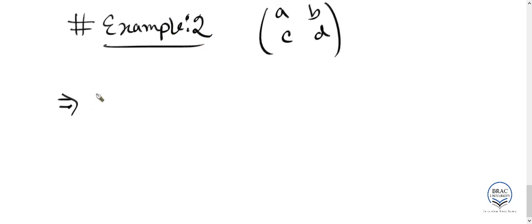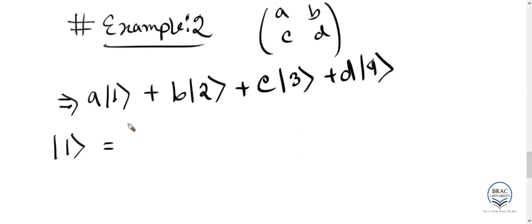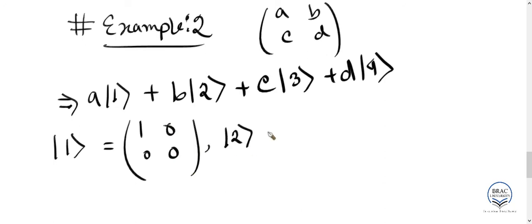Again, we can decompose this into the following way, and here this ket 1 is denoted by 1 0 0 0. Similarly, 2 will be given by 0 1 0 0.